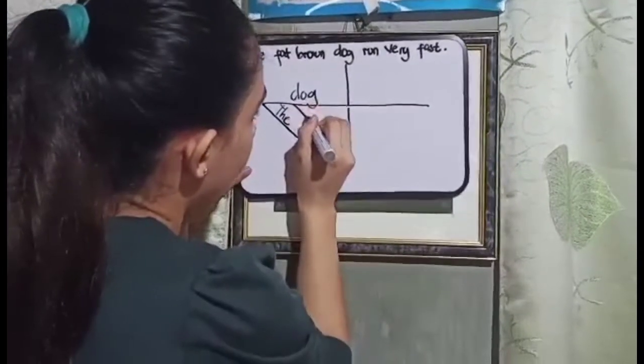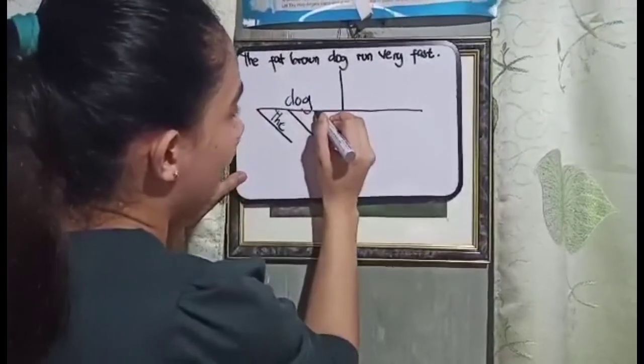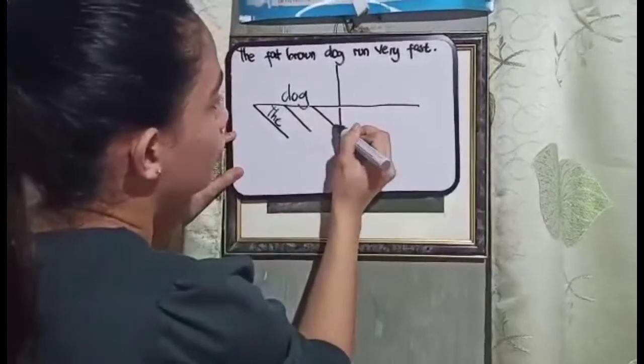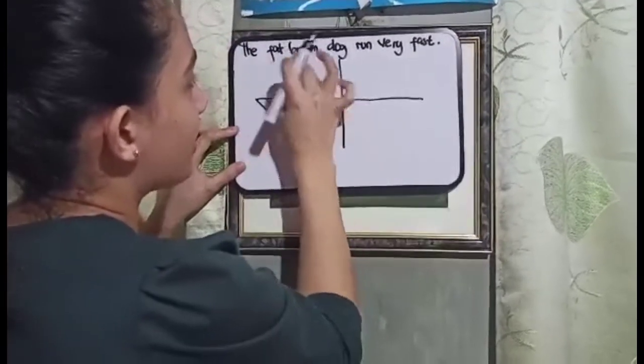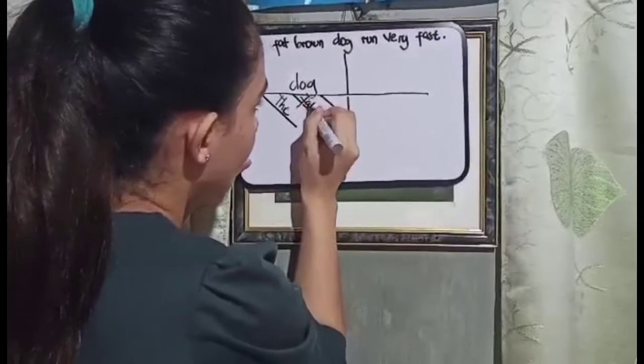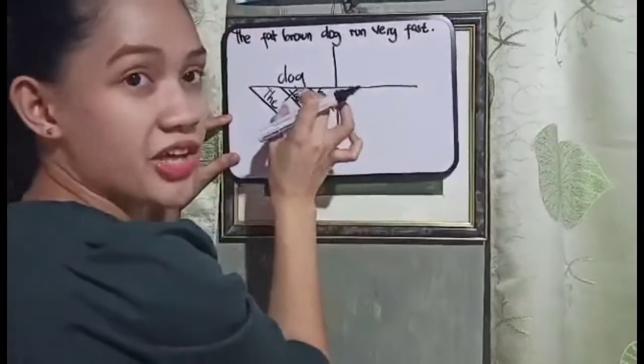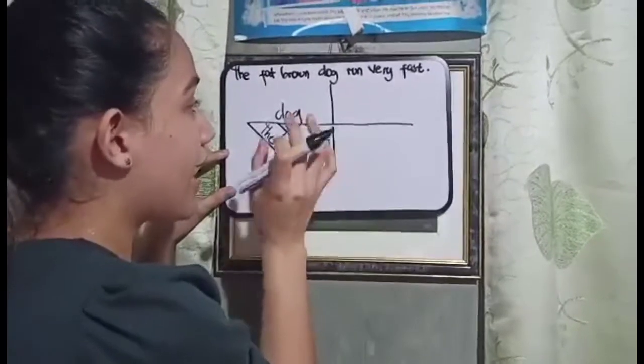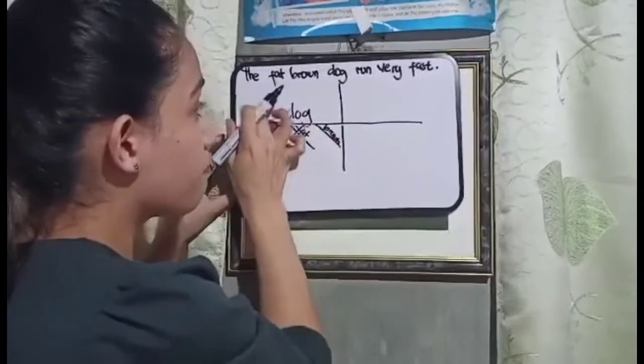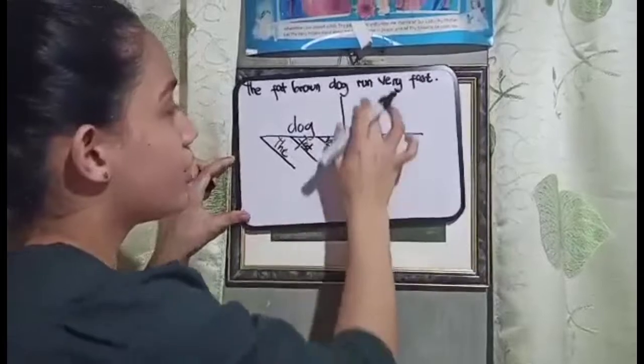Let's draw other lines here to write fat and brown, because these two are adjectives modifying dog.